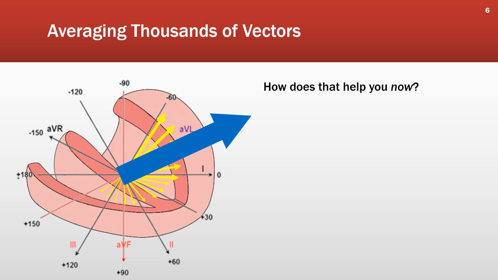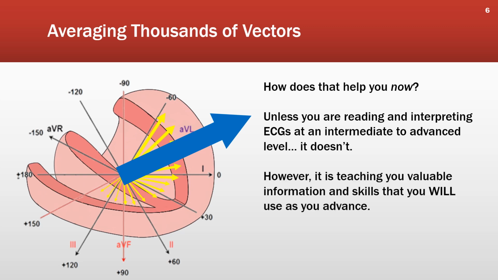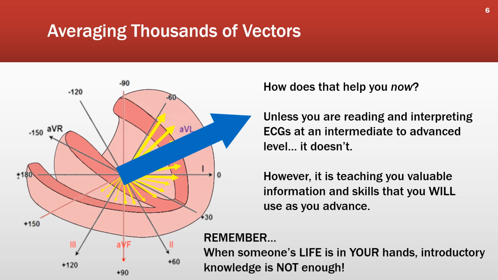But how does it help you? Well, unless you're reading and interpreting ECGs at an intermediate to advanced level, it really doesn't. But don't get discouraged. It's teaching you a valuable bit of information and also skills that you will use as you advance. And you must advance because when someone's life is in your hands, introductory knowledge is simply not enough.